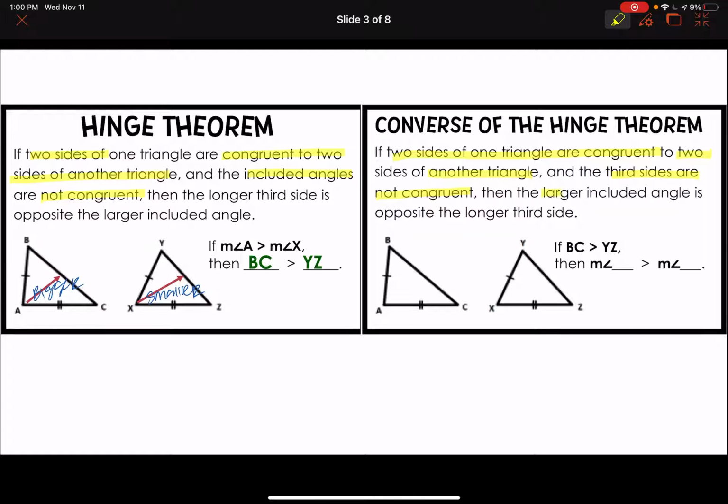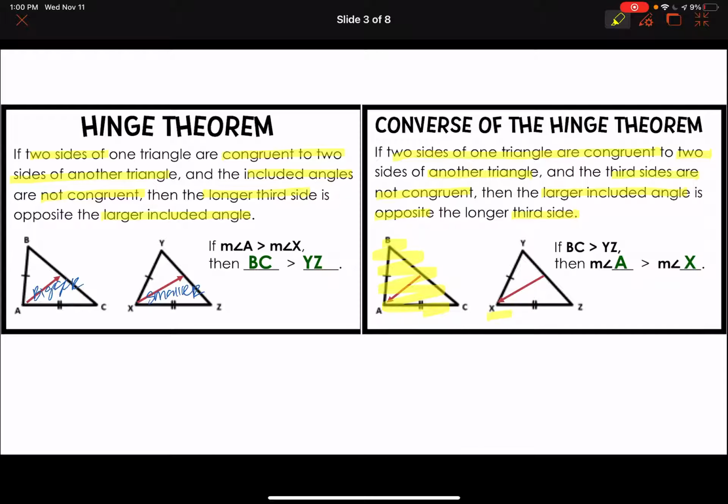Then the larger included angle is opposite the longer third side. Pretty much this time it's saying that if the side length is larger, then the angle opposite it is going to be the larger one of the two. So BC was larger. That means angle A was going to be larger than angle X.